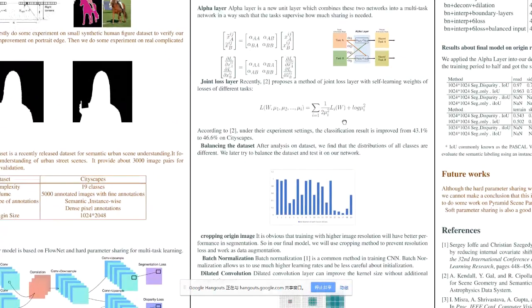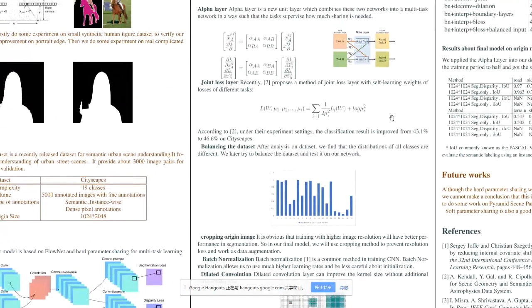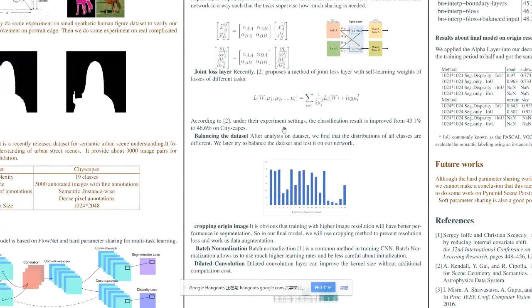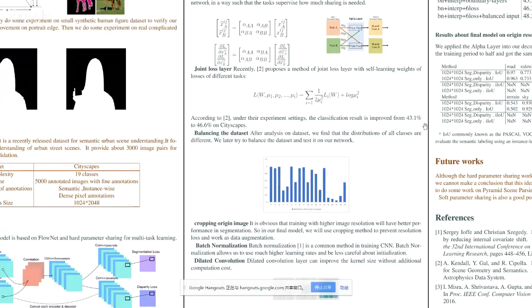The mu here is for different tasks, and these mu's can also be updated automatically through backward propagation. They also proved that this works on their network on Cityscapes, and we will later do it on our network.